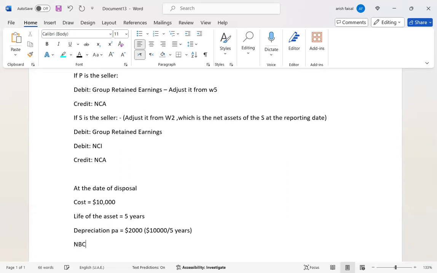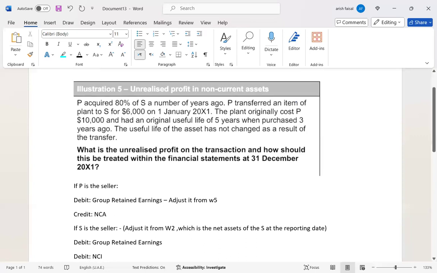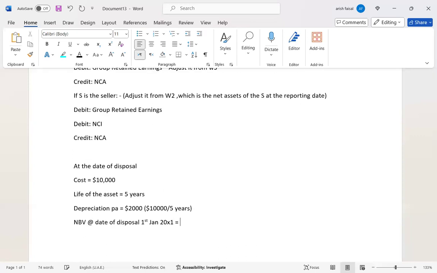So the net book value of this asset at the date of disposal, which is 1st of January 2001, would have been 4,000.